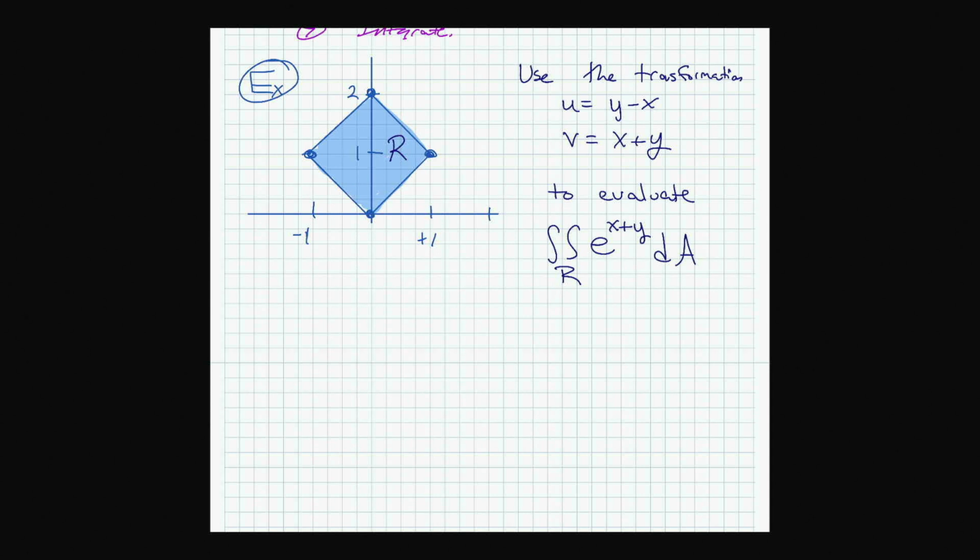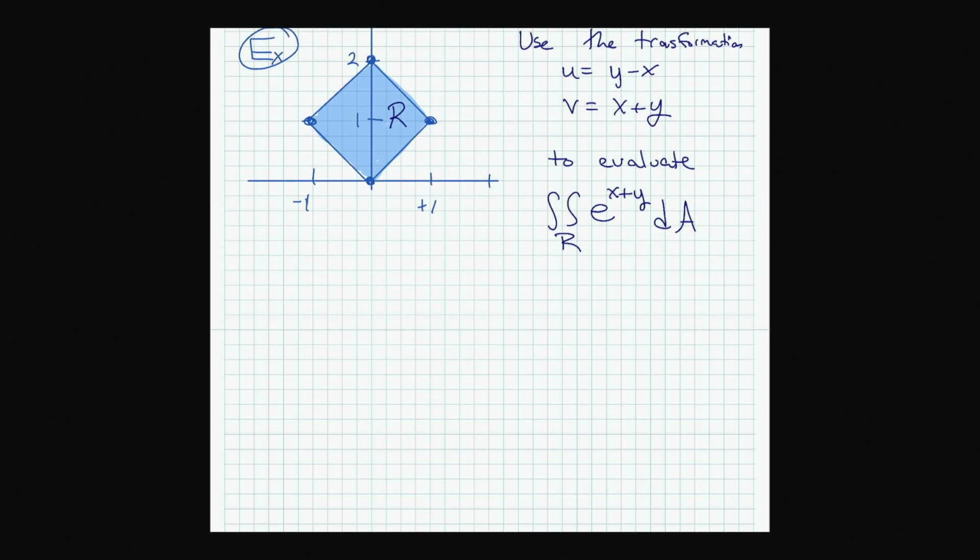And if you switch the order of integration, you would still have to do two integrals, because the left and right curves here are different than the left and right curves down here. So that's why you might want to do a change of variables. We're going to do it because they told us to.